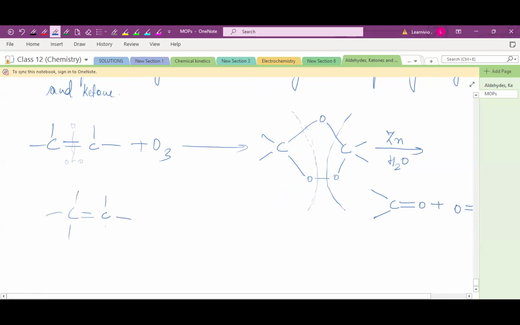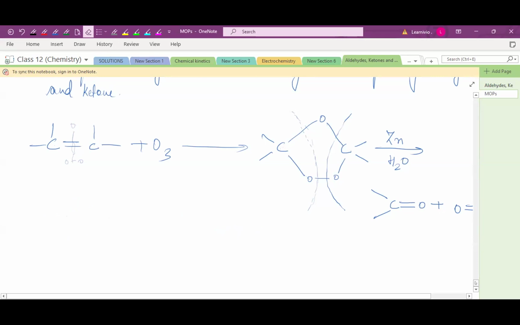The bond will break, and you have to attach one oxygen to this carbon by a double bond, and one oxygen to this. So you will get carbon double bond oxygen plus carbon double bond oxygen. So this is a trick, and this is a mechanism. If you have to write only the product, you can use this trick.